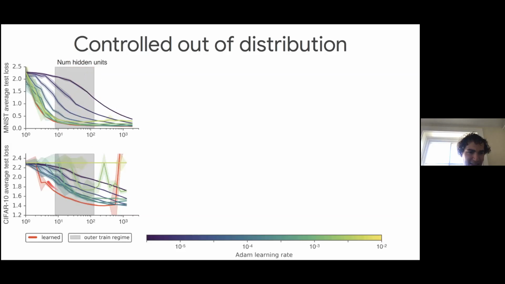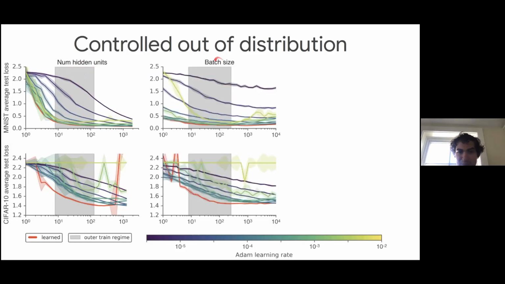And what we find is that even outside the training distribution, our learned optimizer performs sanely. This only happens up to a point. So here, for example, if we make our networks too big on CIFAR, we might diverge. We see a similar type of behavior with batch size, where in the training distribution we perform pretty well, and out of the training distribution we continue to perform pretty well. In this case, the gains start to shrink. And if we train on really, really small batch sizes, we might diverge with our learned optimizer because it's so out of distribution.